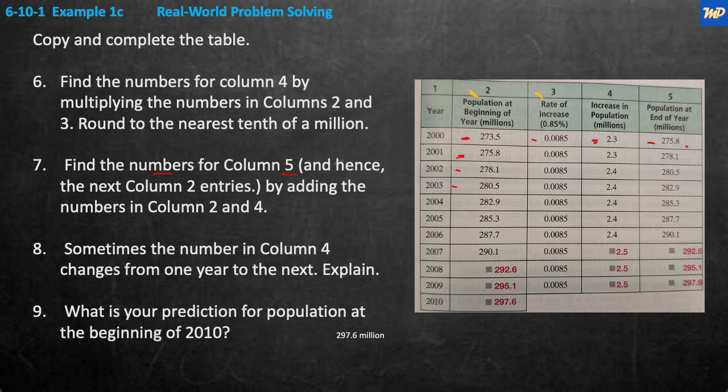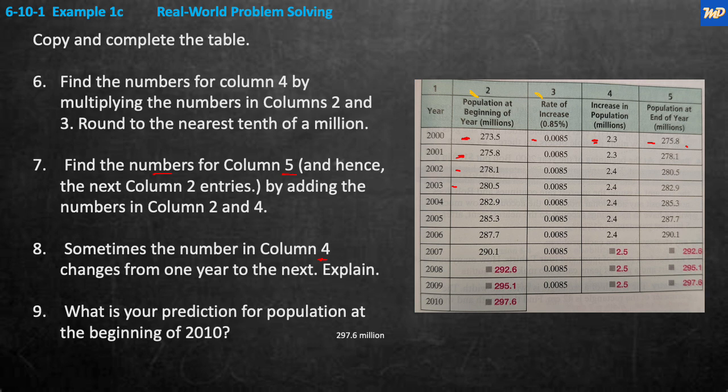And it says sometimes the numbers in column 4 change from one year to the next. Explain. Well, why is that? And I kind of alluded to it when we started talking about this, but maybe I didn't. We're dealing with 273.5 million people, and that's up 0.0085%, or 0.0085 decimal, and you get 2.3.